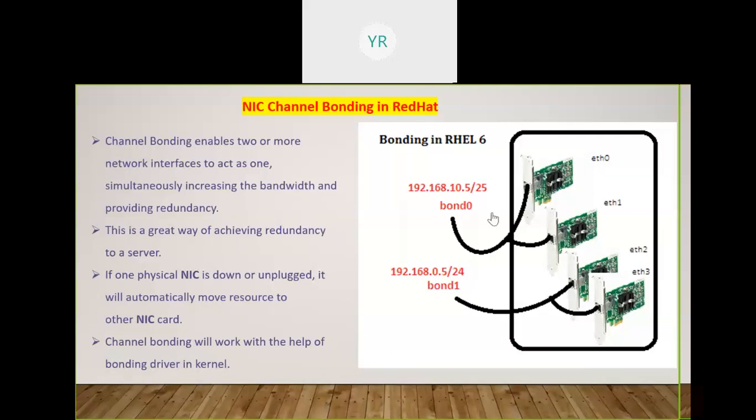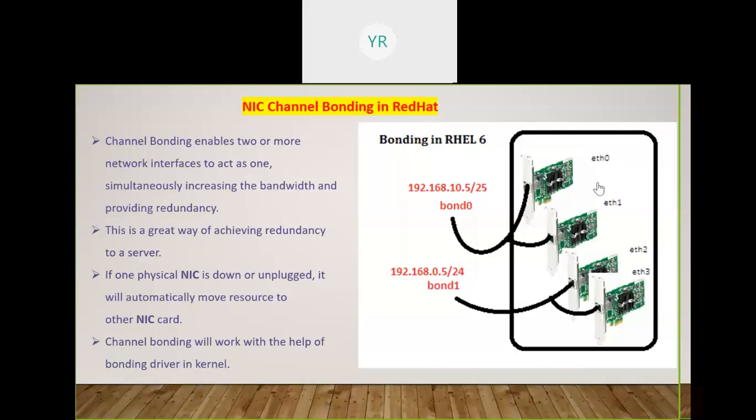If you look here, the naming convention for Ethernet cards in RHL6 is ETH0, ETH1, ETH2. If there are 4 NIC cards or 4 Ethernet cards, they will be represented like this: ETH0, ETH1, ETH2, ETH3.